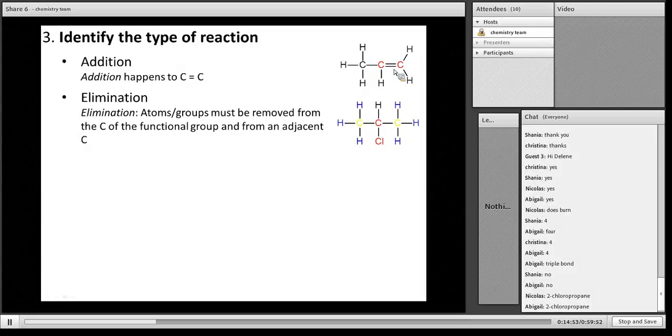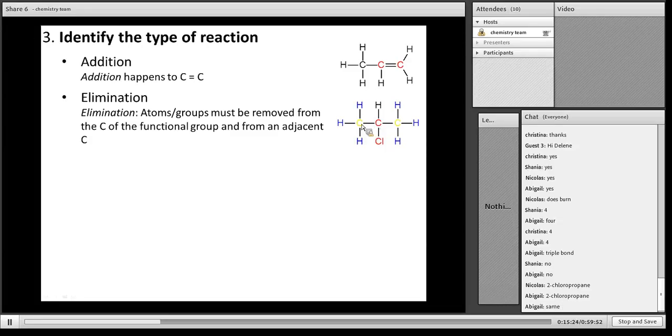Because even if I removed this hydrogen, if you can twist this in your mind, if I remove this top hydrogen and that chlorine, the double bond forms here. But is that going to be a different molecule to this alkene up here, or will it be the same if I form the double bond here? So see Abigail's it'll be the same.